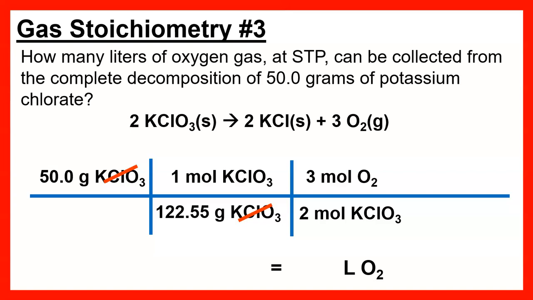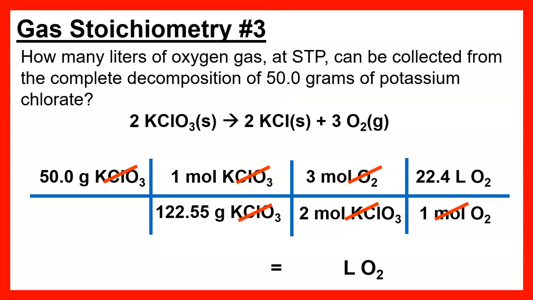Now, if I was not at STP, I would have to get an answer and plug that answer into ideal gas law. But since I'm at STP, I'm really, really happy. I can just add one more conversion factor, which is that at STP, 1 mole of any gas will occupy 22.4 liters.